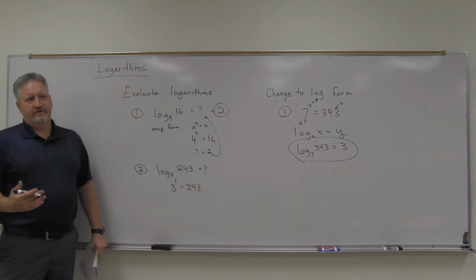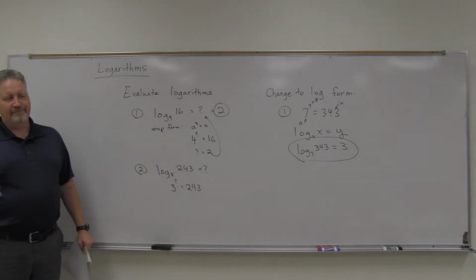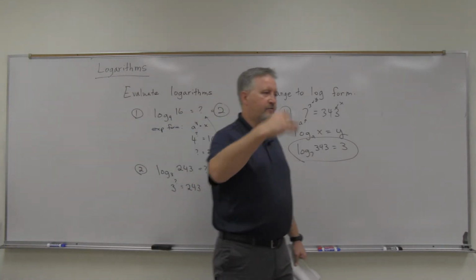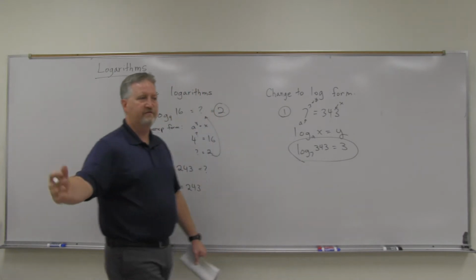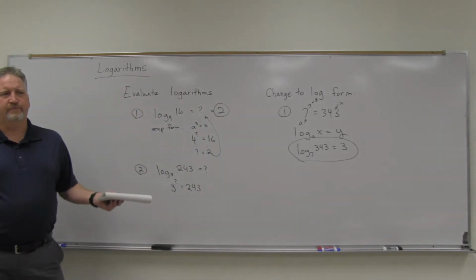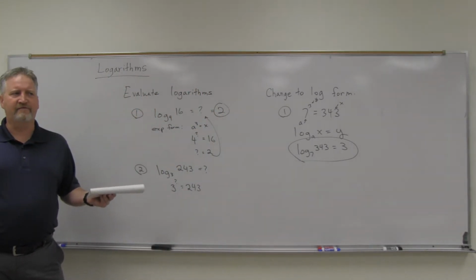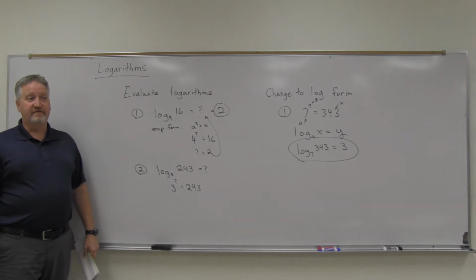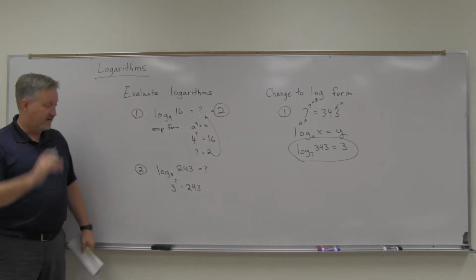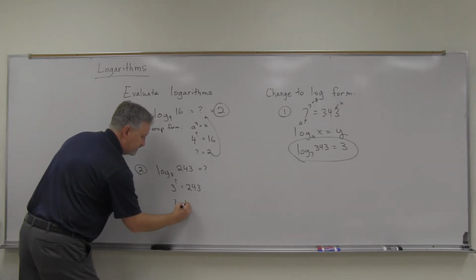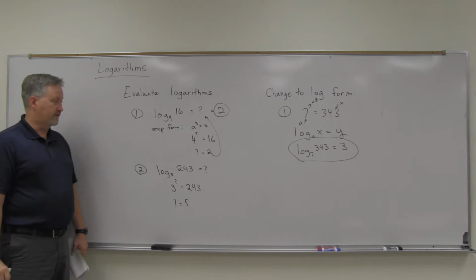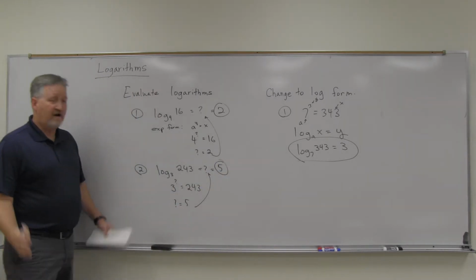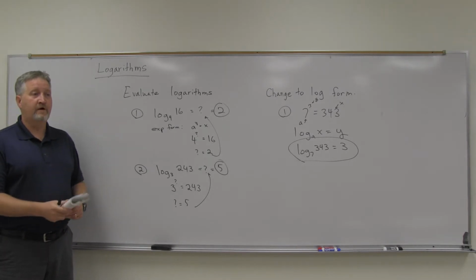You may not know what power gives you that, but just try different powers. 3 squared, 3 to the third, 3 to the fourth, 3 to the fifth, because these are going to be nice. We'll talk about ones that are not so nice powers, but did anybody figure it out? What power? 5. So the power here is 5. It takes 3 to the 5th power to get 243. So that's the value of the logarithm. It's 5, okay?